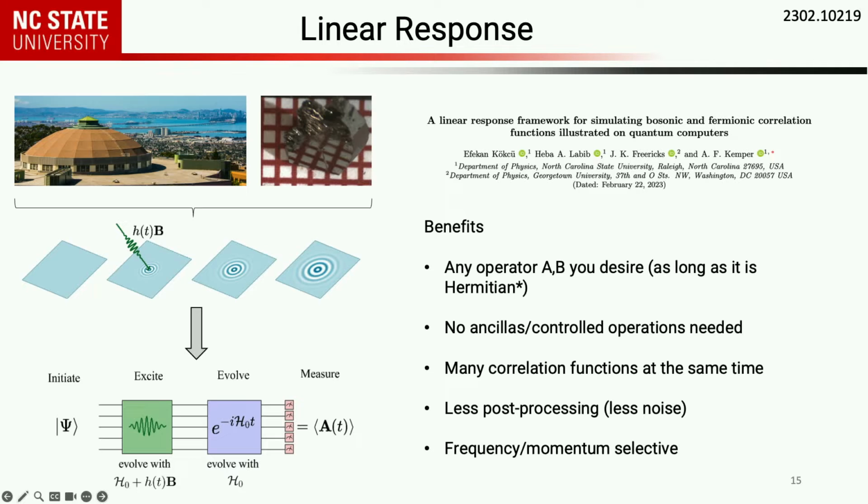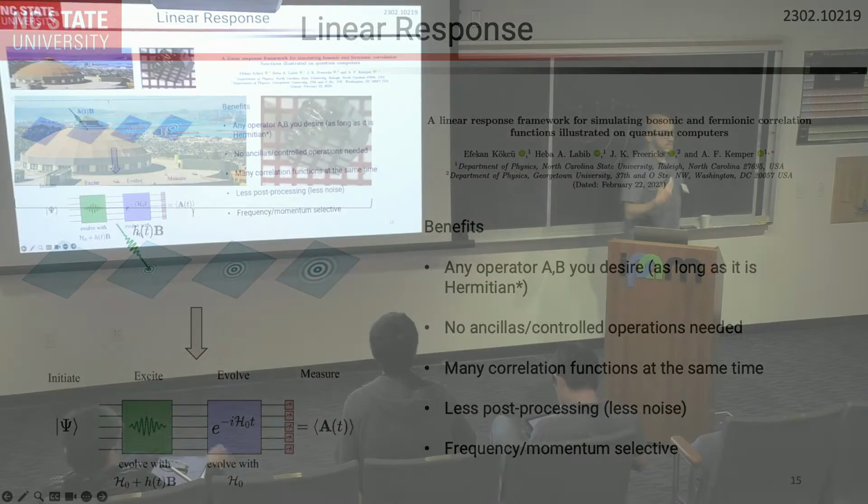You can use any operator you want without needing any block encoding of any sort. Don't need any extra ancillas. Don't need controlled operations. You can measure many correlation functions at the same time. I could, for example, apply a driving field on the first qubit, measure all of them, and then at the same time get the response function for on-site, nearest neighbor, next nearest neighbor, all of these things all come at the same time.